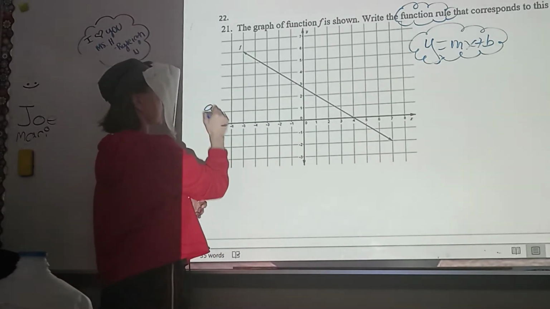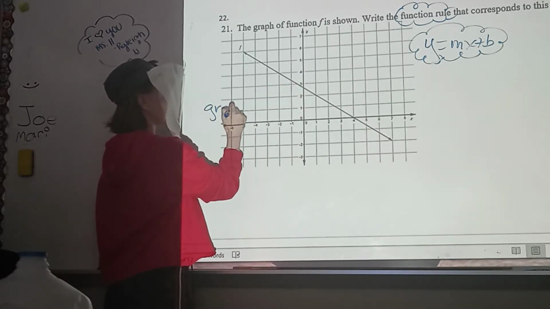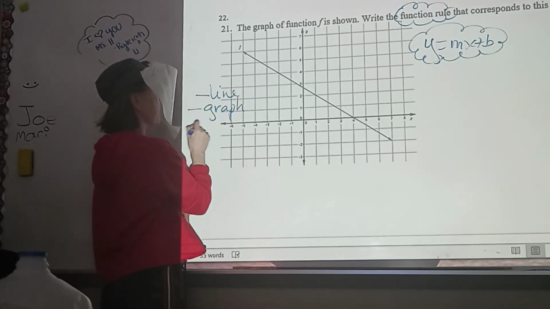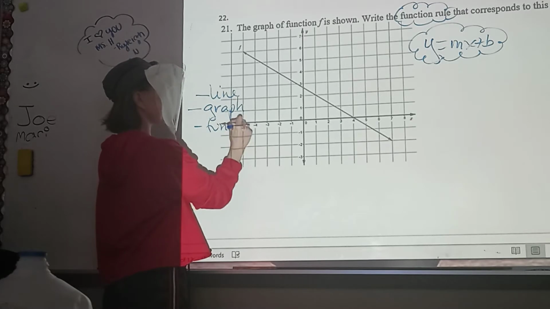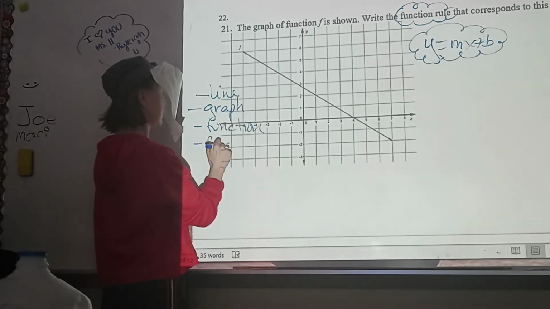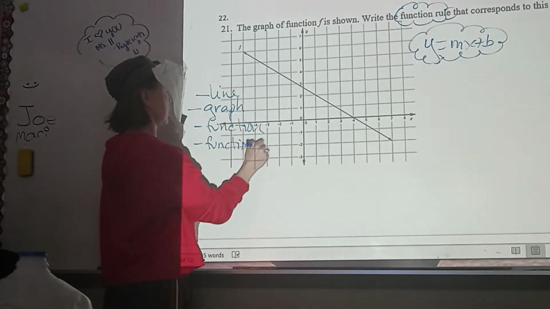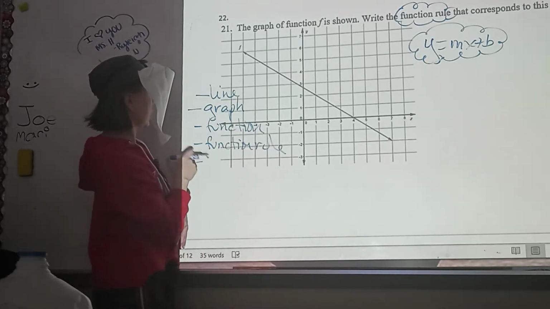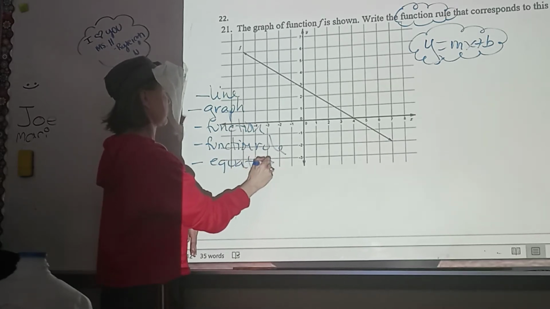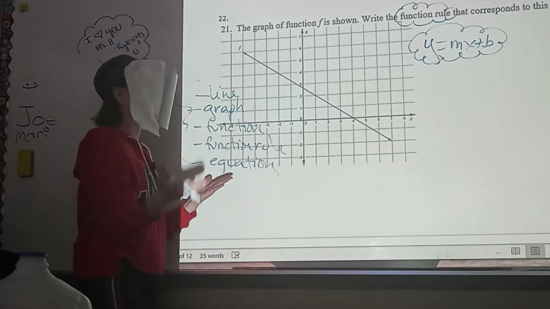So this line could be called a line. It could be called a graph. It could be called a function. It could be called a function rule. Or it could be called an equation. Okay, so guys, it's bananas.